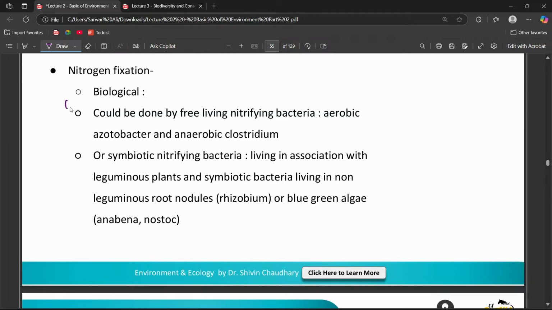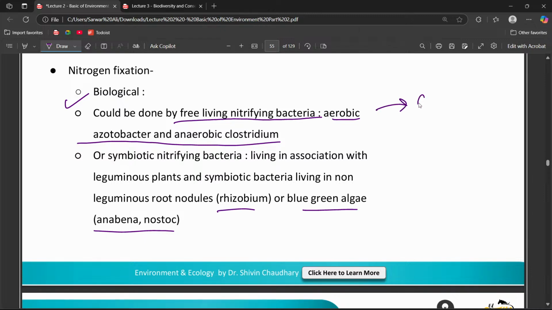Biological nitrogen fixation could be done by free living nitrifying bacteria, aerobic Azotobacter and anaerobic Clostridium, or by symbiotic nitrifying bacteria known as Rhizobium, or blue-green algae called Anabaena or Nostoc. So we have four names here.